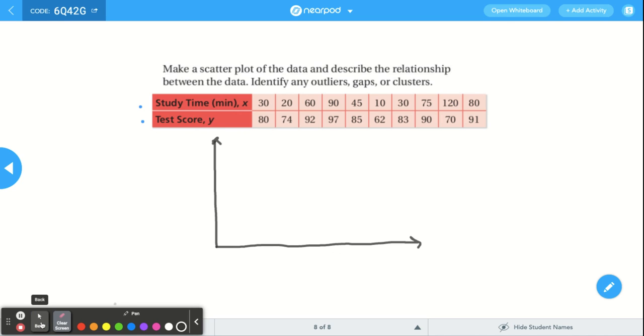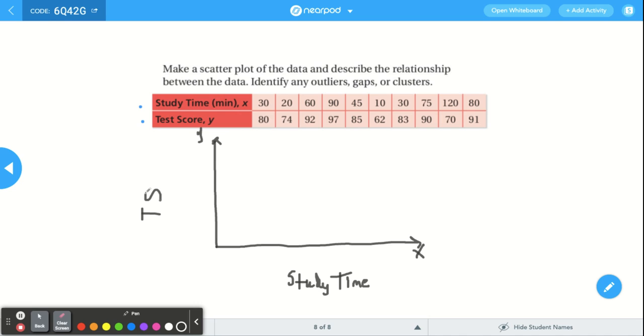The title for my x-axis, this would be my study time. And then the title for my y-axis, this would be their test score.